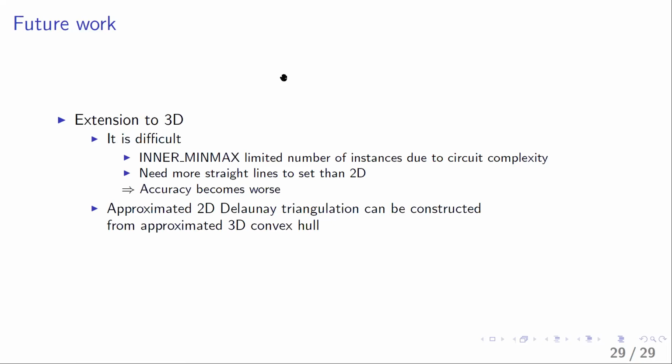Therefore, there may be a problem that the accuracy becomes worse. If this can be implemented in FPGA, high-speed approximation computation of 2D triangulation can be expected.